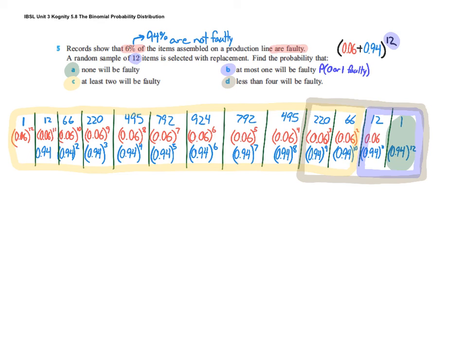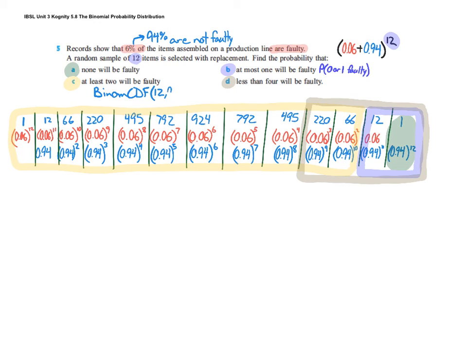Well, now that we know how to use our calculator, we can simply do binomial CDF. In this case, there were 12.